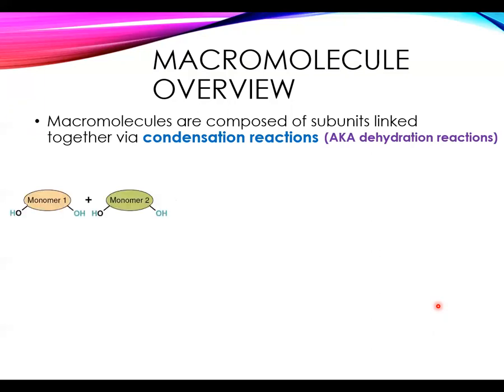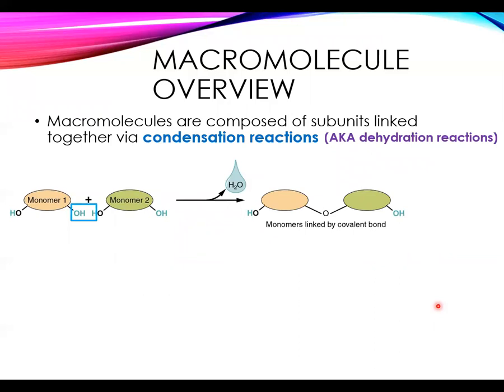So if we take a couple monomers here, we can split out a water and link the 2 dangling pieces together to create this dimer. All right, so we've made a new covalent bond, and we've created water.